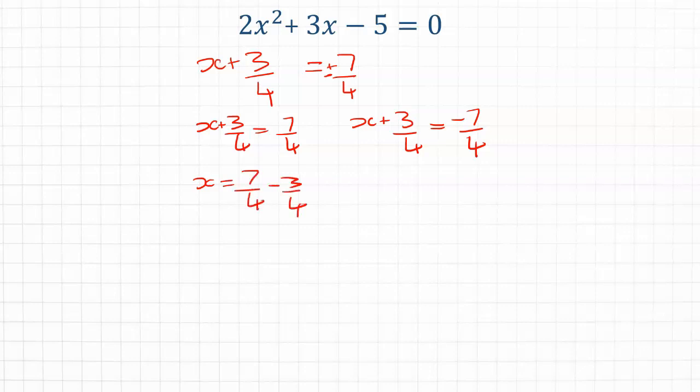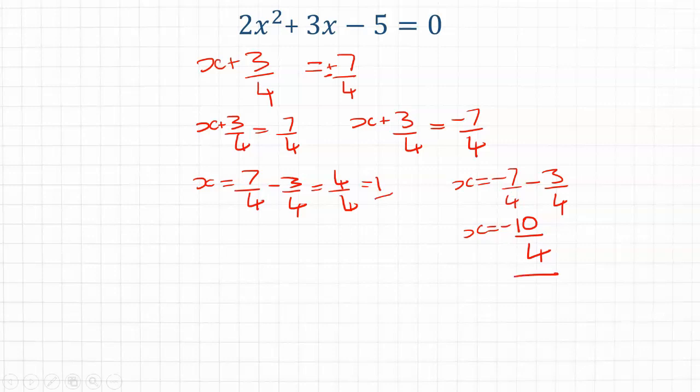And taking the second equation, x equals minus 7 over 4 minus 3 over 4, which combining gives x equals minus 10 over 4. Thus, using completing the square, we have found two solutions to the quadratic equation 2x squared plus 3x minus 5.